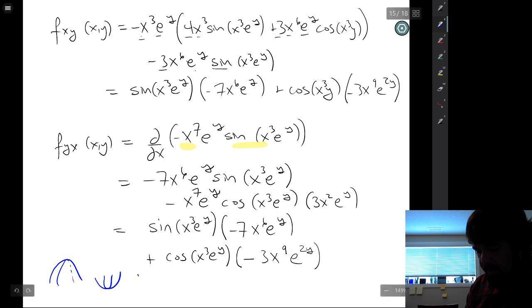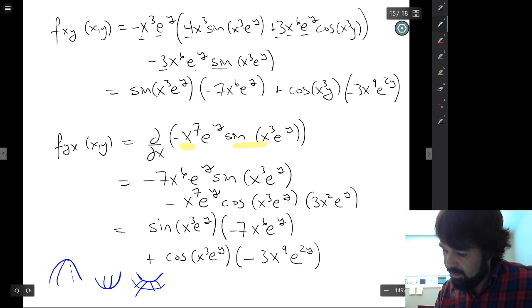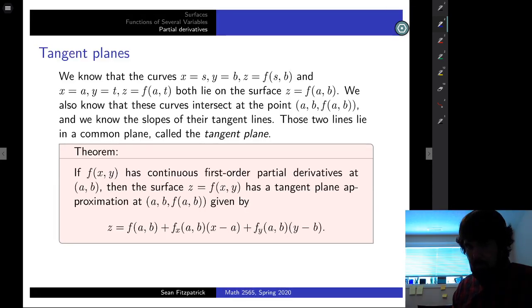But you can also have these saddle points where you're concave down in one direction, but you're concave up in another direction, right? And so second derivative tests classifying critical points is a lot harder in several variables. But that's a problem for another class. It's not a 2565 problem.